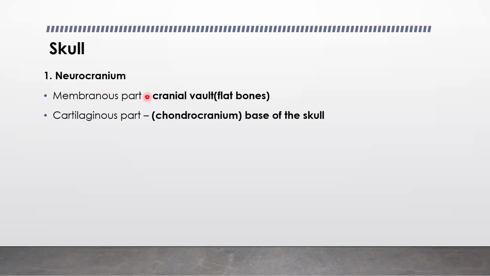They will be formed by intramembranous ossification. But of course, some of them will be formed by both intramembranous and endochondral ossification. For the cartilaginous part, which is the chondrocranium, all the bones of the base of the skull will be formed by endochondral ossification. That's the reason why it's very important for us to relate that.